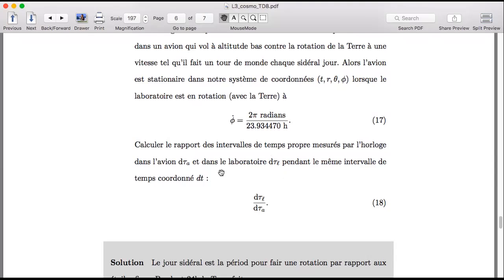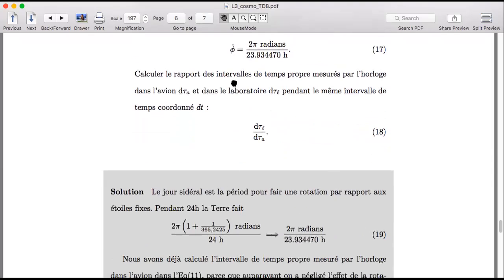And so we play this same game here as we did before, and we're going to measure the proper time interval measured by the clock. I said the one that's stationary in the Earth is in a laboratory, and the one that's in the airplane is in the avion. So A for airplane or avion, and L for laboratory.